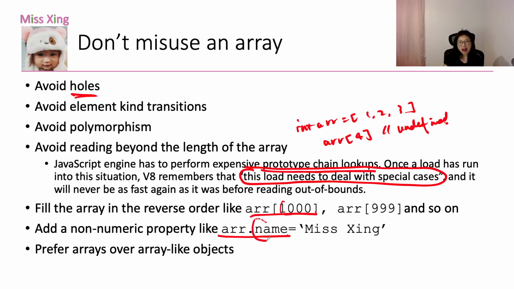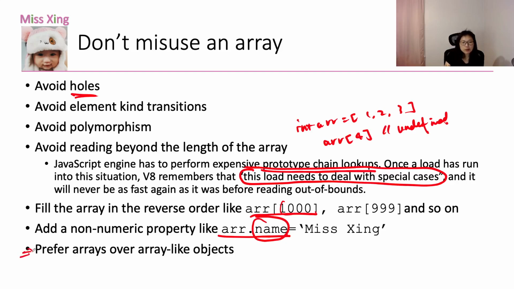If you add a non-numeric property name, because an array is an object, you can do it this way, but then it won't remain an array. It will become a regular object which uses something like a hash table, and it's going to be slow.